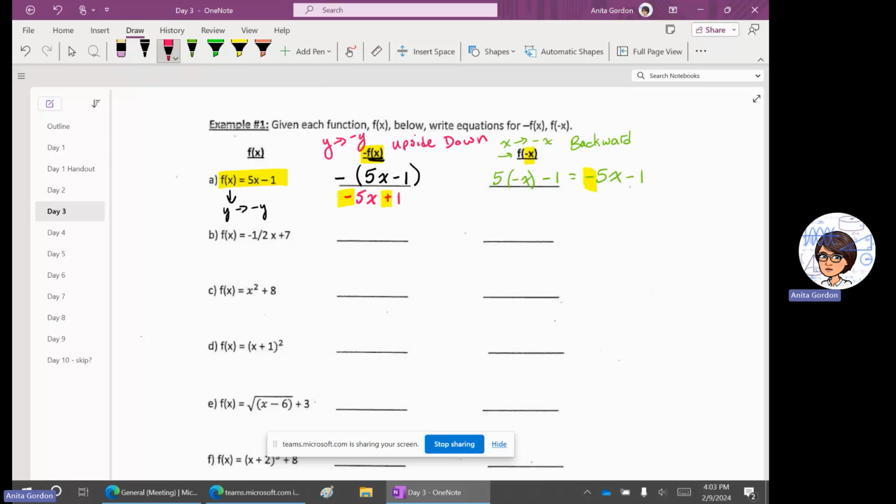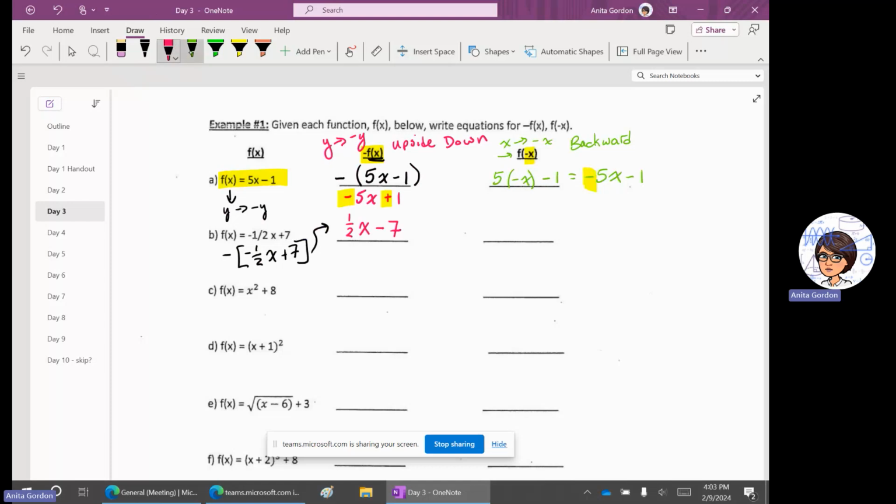If I want to flip this upside down in B, I'm putting a negative on the whole function. Actually, you know what? I'm going to do it underneath here. Negative times negative 1/2 x plus 7. So that would expand to positive 1/2x minus 7.